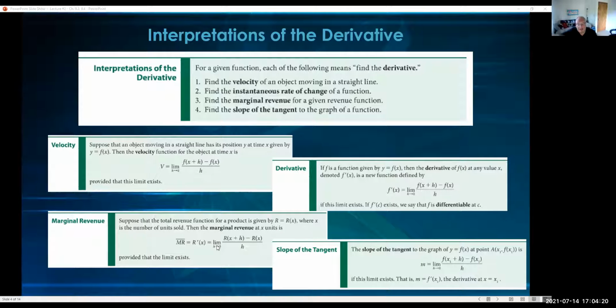Are you falling down the roller coaster? Are you at the top of the roller coaster going flat? Is this an easy, steady incline? Things like that. So once more to reiterate, there are four different great ways to talk about it. You could think of it as the velocity. You could think of it as the derivative, which is also known as the instantaneous rate of change, as you can see there. And then we have the marginal revenue, and we have the slope of the tangent.